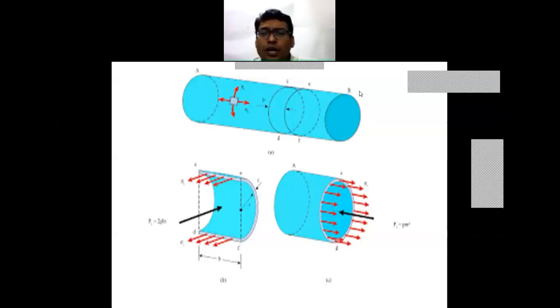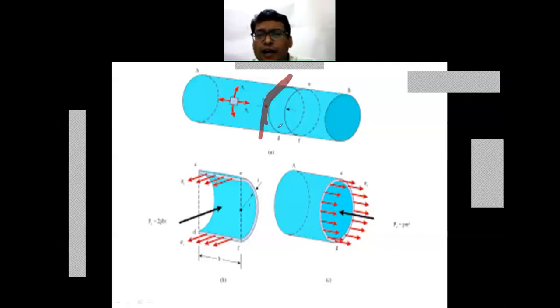When I am going to cut this in this way, I will be able to observe this section and the corresponding stresses related to this section. And the second way, I have cut in this section, then I will be able to observe this section.